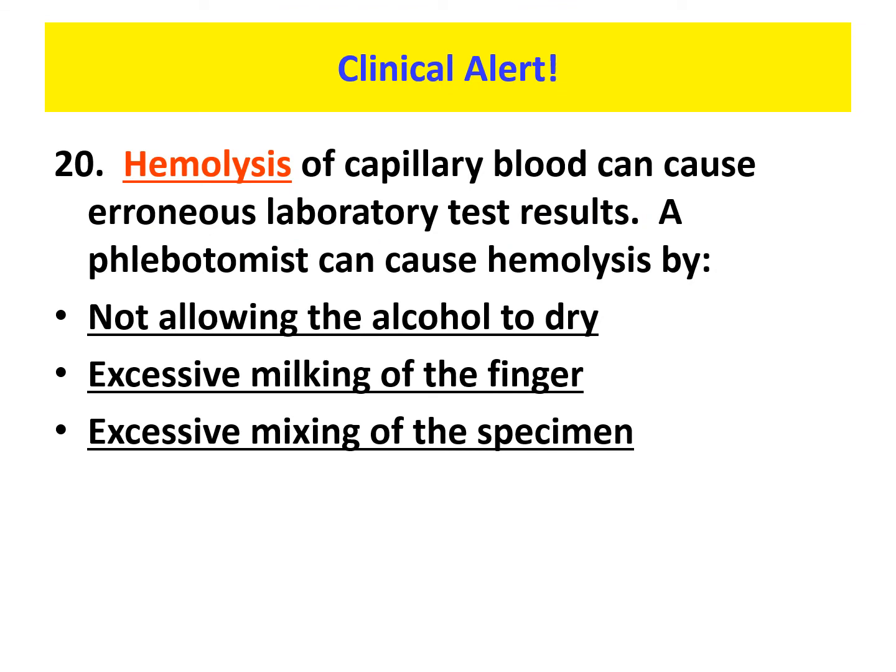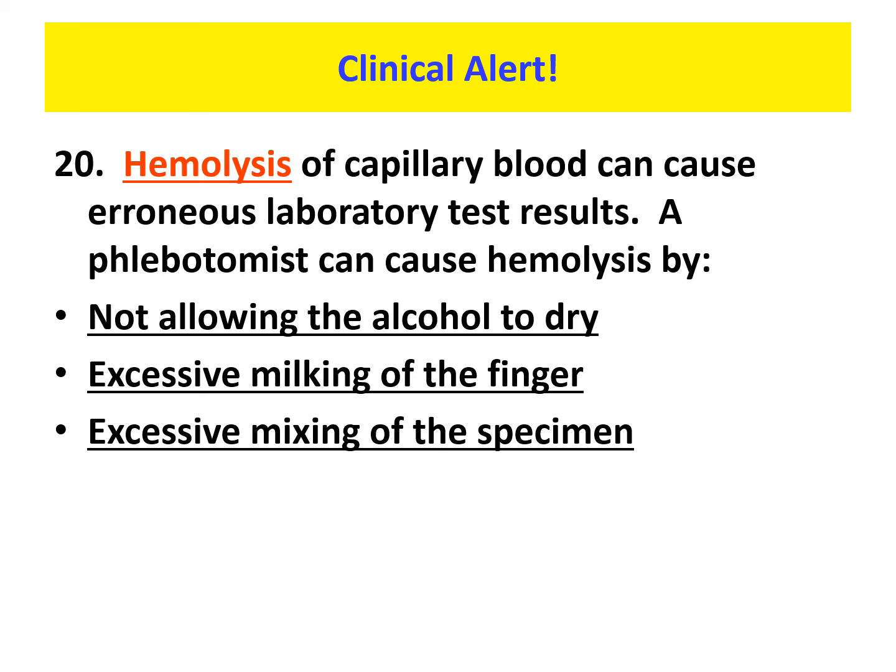So here's a little clinical alert we want to talk about. Hemolysis, right? We're talking about this clinical alert still. Hemolysis is the enemy of the phlebotomist, right? And we know that hemolysis, whether in venous blood or capillary blood, can cause erroneous lab results.